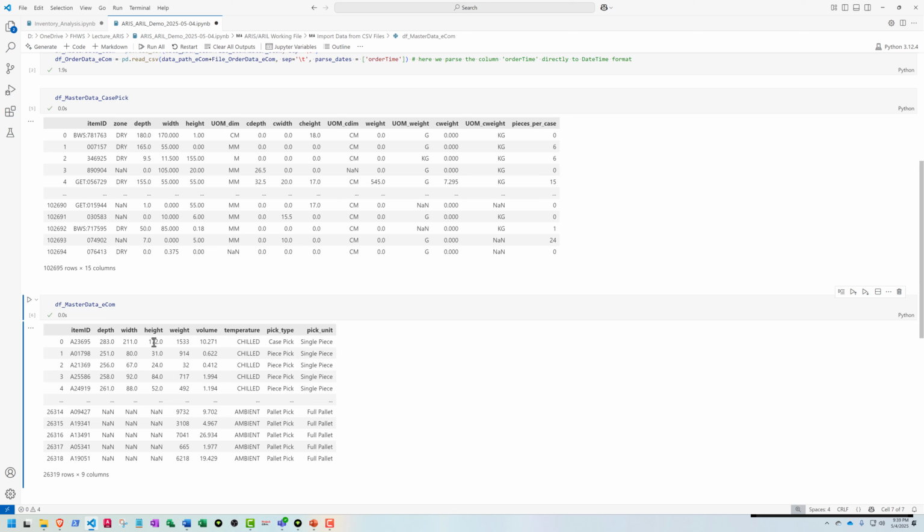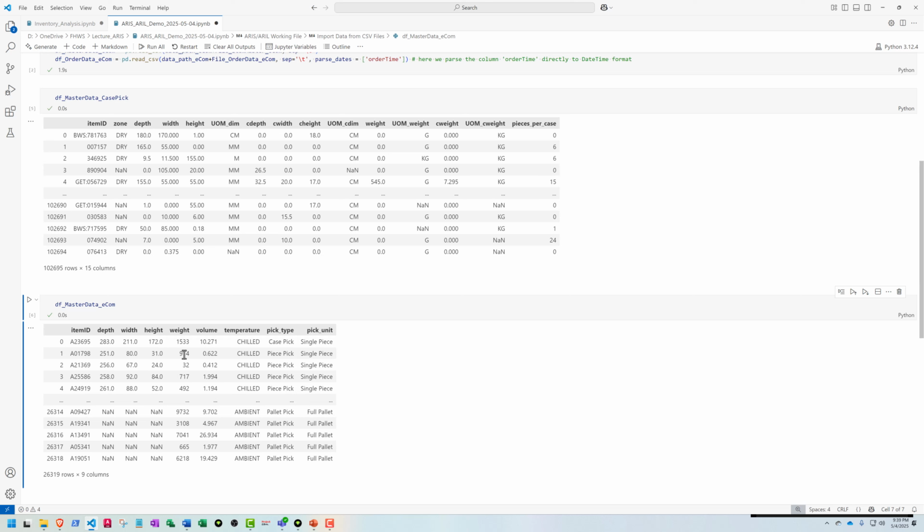So the height and the width and the depth, these are descriptive names, which sometimes are obvious, they make sense, but sometimes you don't really know which one is which. And so this becomes a problem when you do, for instance, volume analysis of products.